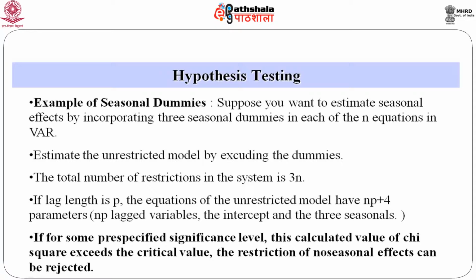If for some specified significance level the calculated value of chi-square exceeds the critical value, the restriction of no seasonal effect can be rejected. So, this is the usual likelihood ratio test.